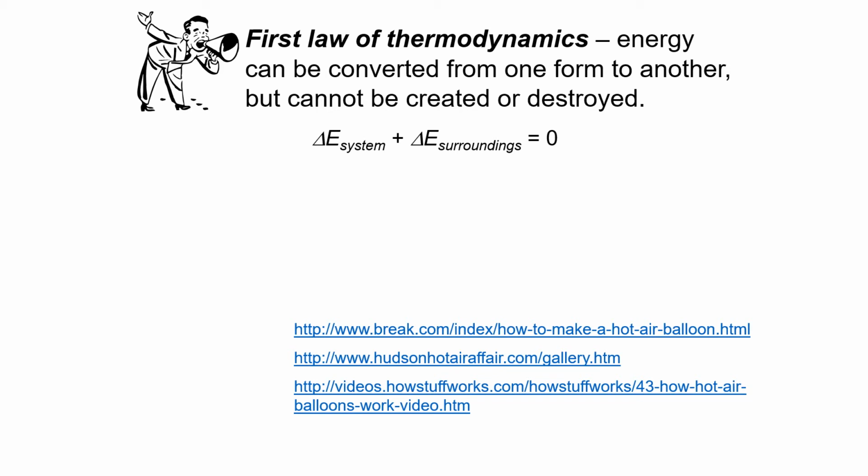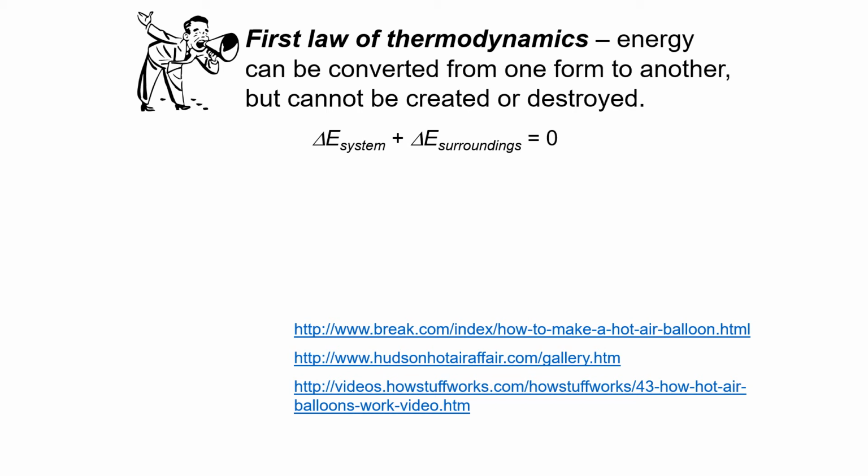And we can describe that mathematically by writing the change in a system plus the change in the surroundings equals 0. Because remember, energy is being transferred. So if our system loses energy, it's going to the surroundings. Or if it gains energy, it's coming from the surroundings.